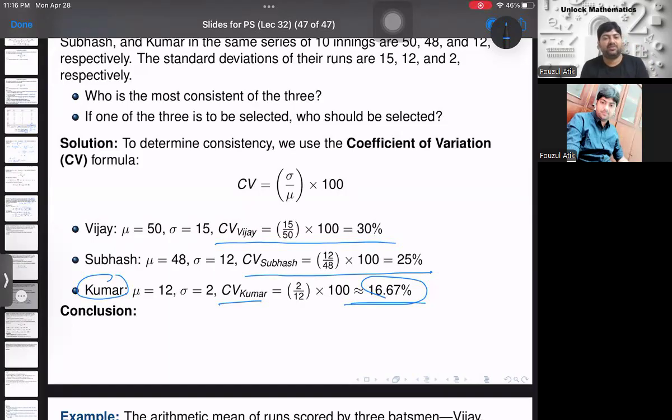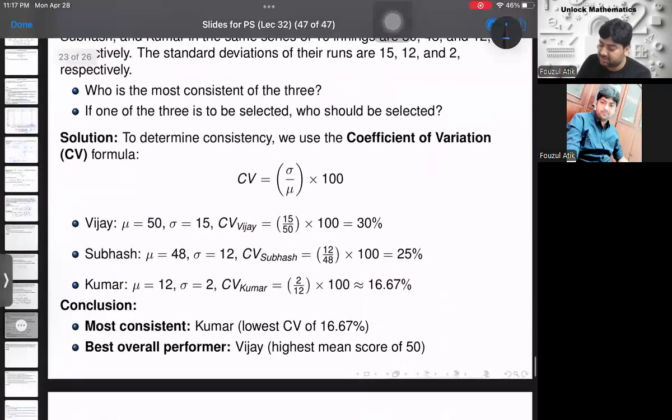Whereas Vijay, his average score is 50. So in 10 matches, that is 10 into 50, so 500 runs. In some matches he must have got very few runs because his CV is more. But if I check who is the good performer in terms of runs, we have to think of Vijay. But in case of consistency, we will think of Kumar, right?